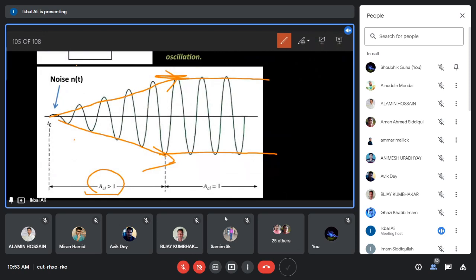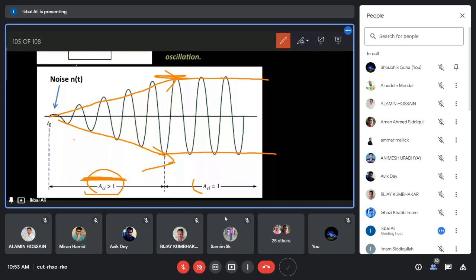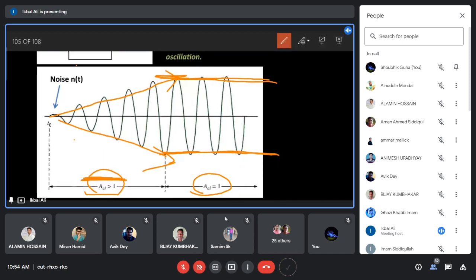So the initial setup, where A beta is slightly greater than 1, will automatically become equal to 1 when the sustained oscillation is produced by the oscillator. The gain of the amplifier will automatically fall to make this closed loop gain equal to 1. Then if the signal travels through the loop, it cannot grow, because A beta has become 1 automatically.